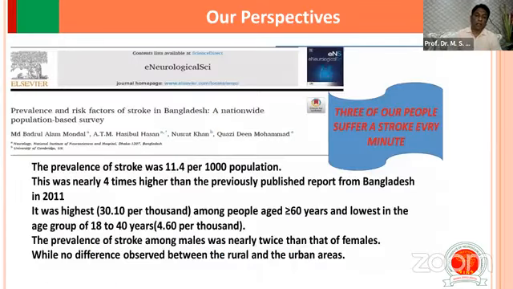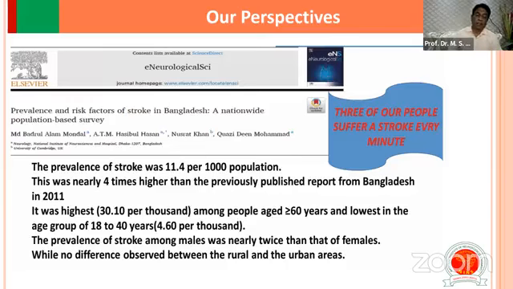From our survey, the prevalence is 11.4 per 1,000 population, which is nearly 4 times higher than a previously published report in 2011, and it is higher, 30 per 1,000, among people aged more than 60 years.